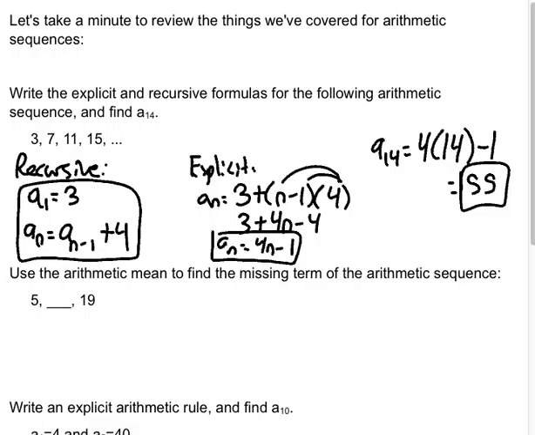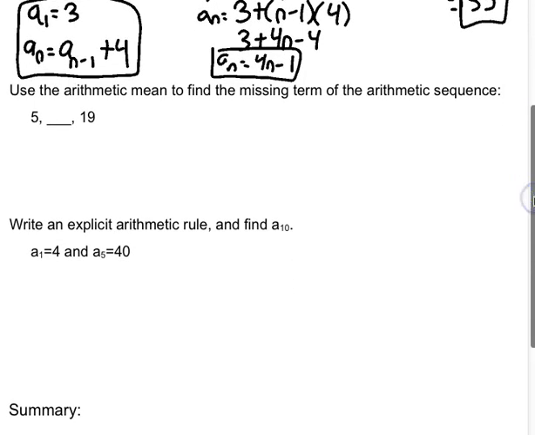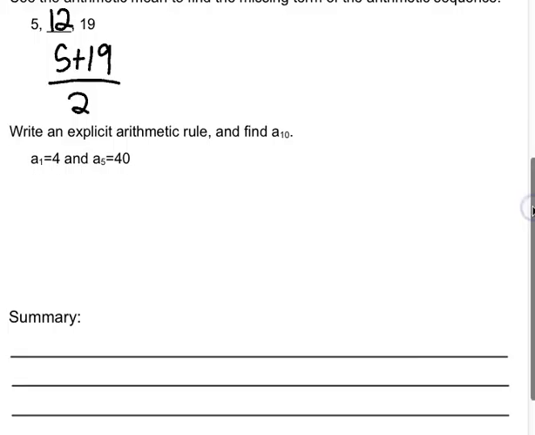Then don't forget, we also talked about arithmetic means. Remember, arithmetic mean, all you have to do is find the average of those numbers. So in this case, 24 divided by 2 would be 12. And remember, even if you don't have 2 consecutive terms, you can still find the explicit formula and find a future term.